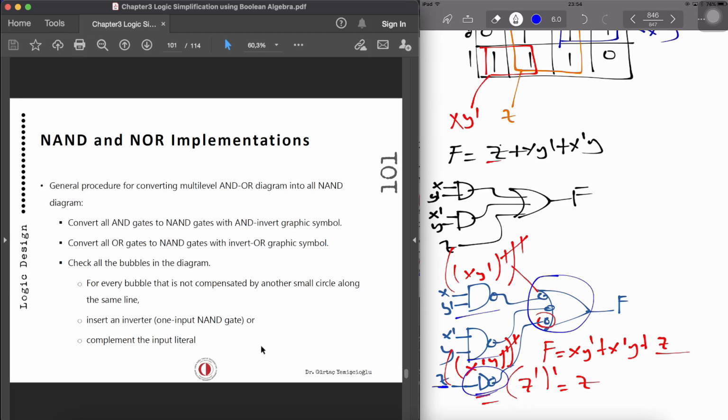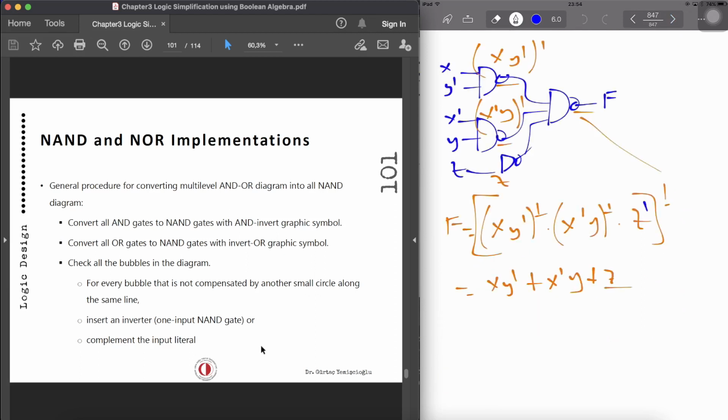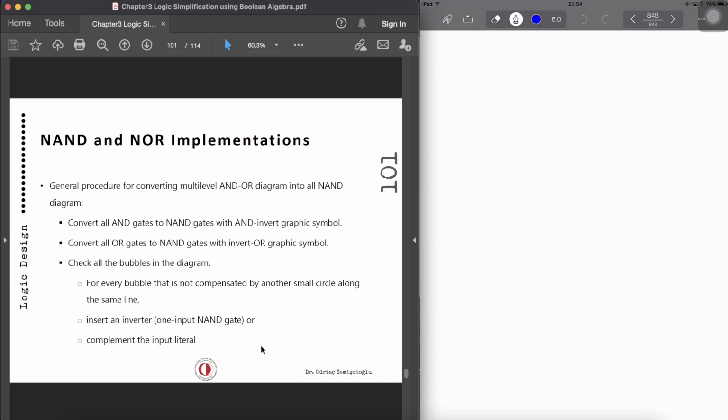So the general procedure that we need to follow: convert all AND gates to NAND gates with the AND-invert graphic symbol. This is the AND-invert graphic symbol for all AND gates. And convert all OR gates, if you are doing a NAND implementation, to the invert-OR function.